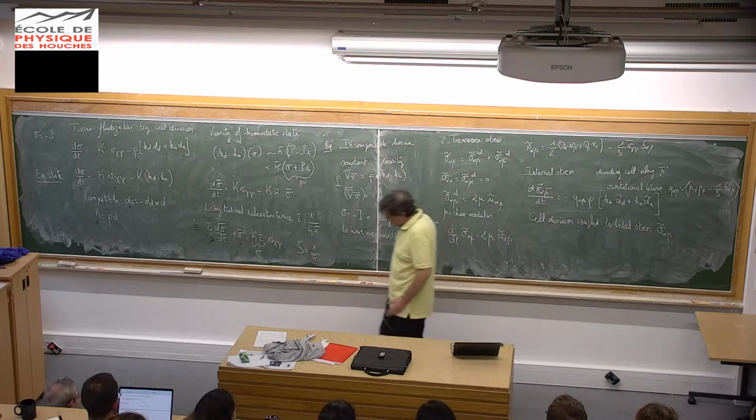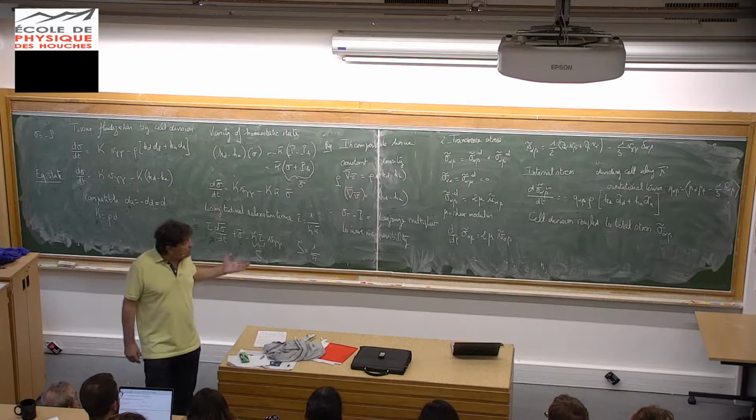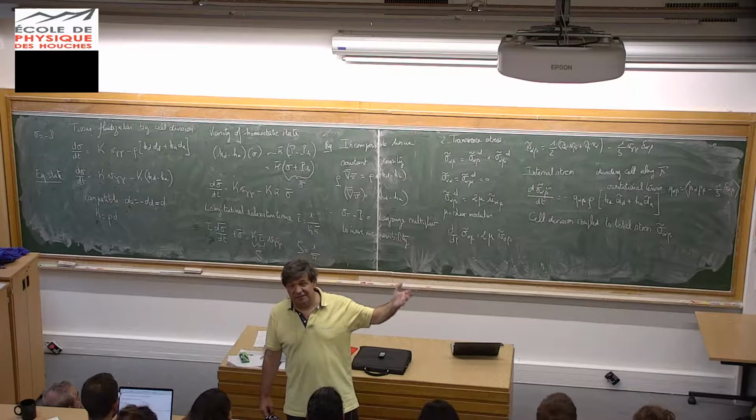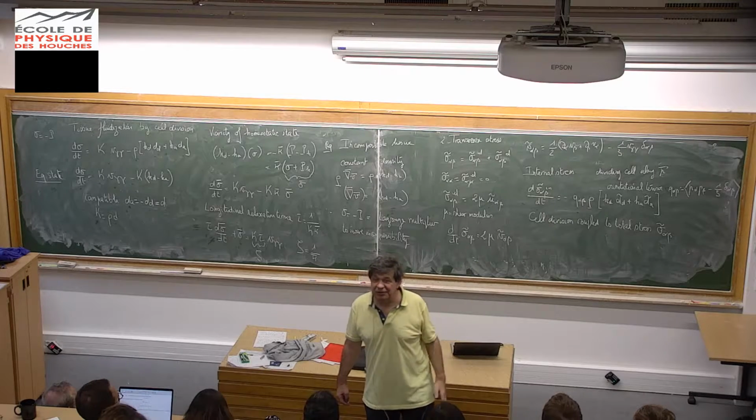Now I will do the most naive thing that I can do. I will say if sigma alpha beta, the total stress, is not too large, I will expand Q alpha beta in powers of sigma, and I will only keep the linear term.